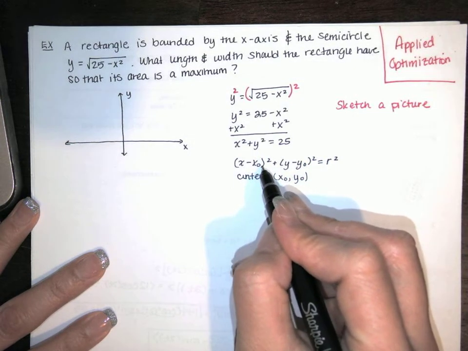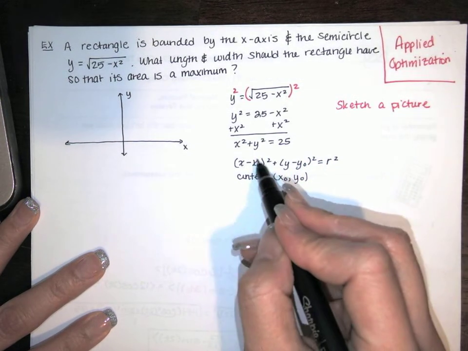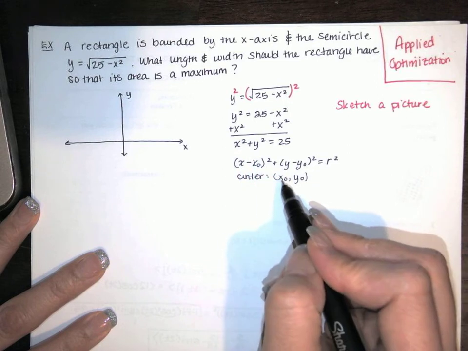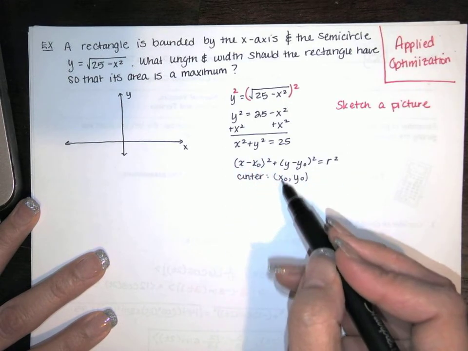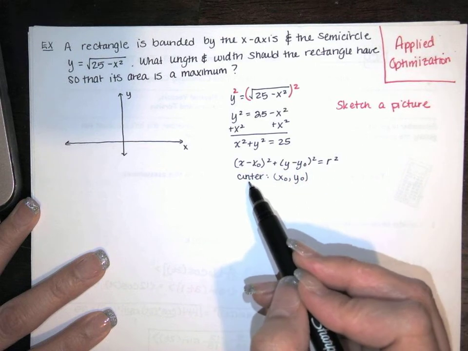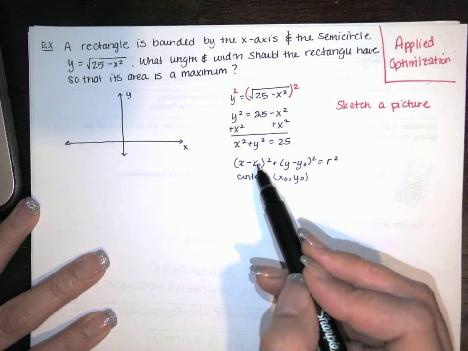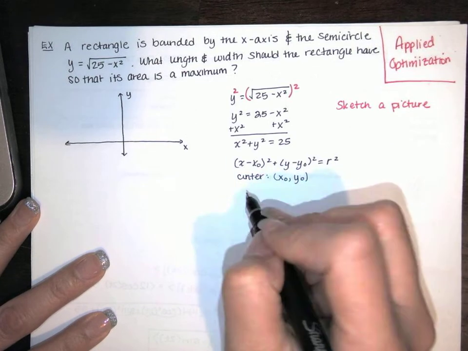So that's the number that you're subtracting from the x and the y. So if I see a minus 1 here, that x naught is going to have the opposite sign. So if there was an x minus 1, I'd have a plus 1 here. So you identify the center that way. It's the numbers that you're subtracting from the x and the y, and the radius squared is on the right-hand side.